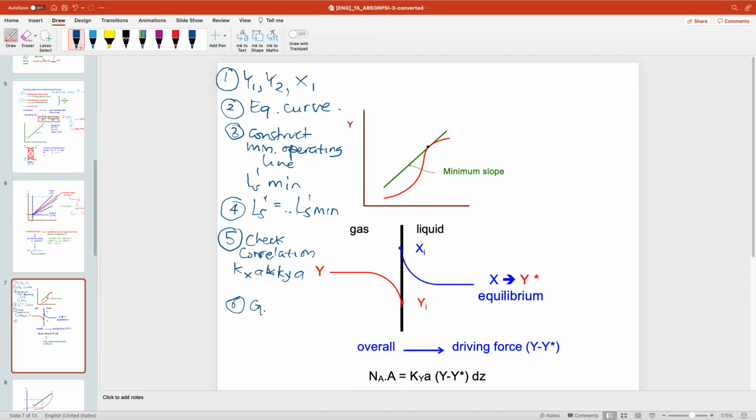Construct your graph to find which one is y and which one is yi, and then find the function. Then, as the seventh step, you can calculate the height. That's the ideal one if we know all of this.